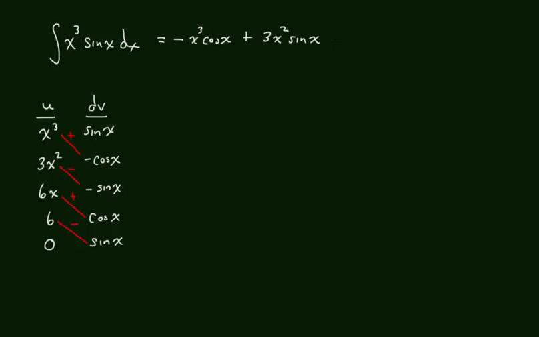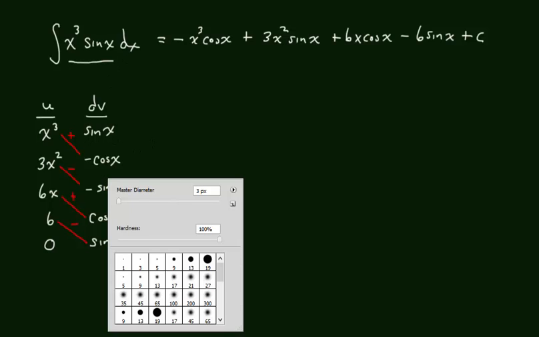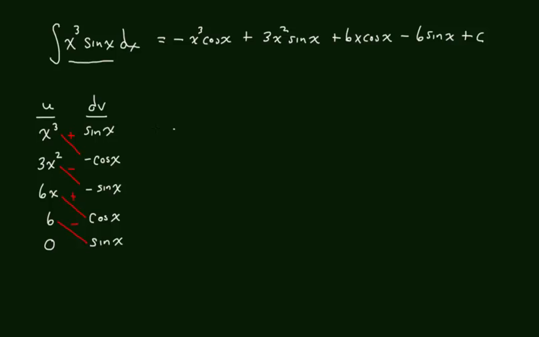Next one we will keep a positive, so plus 6x cosine x. And then finally minus 6 sine x plus c. Awesome. You're going to love it if I give you one that is tabular ready or tabular approved.